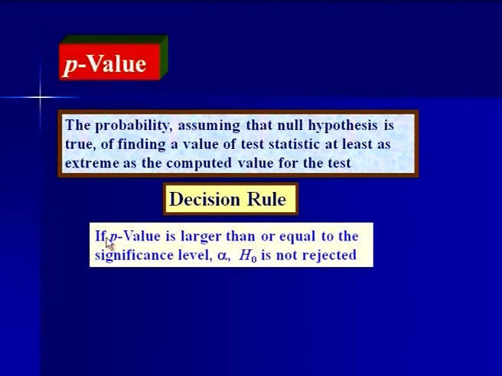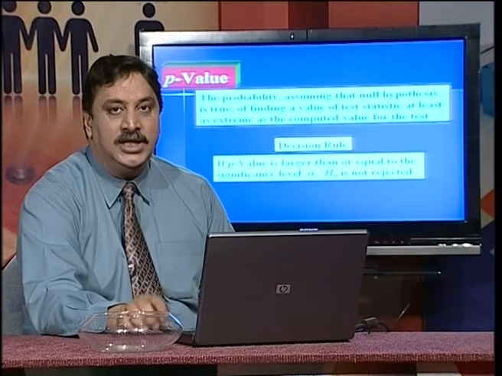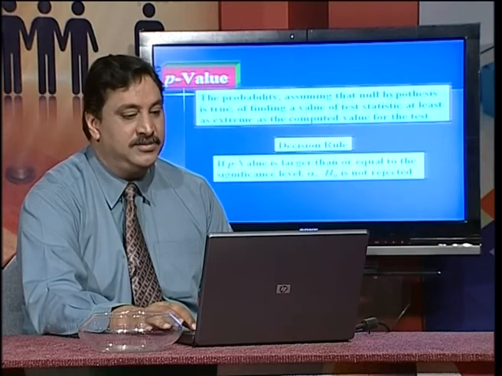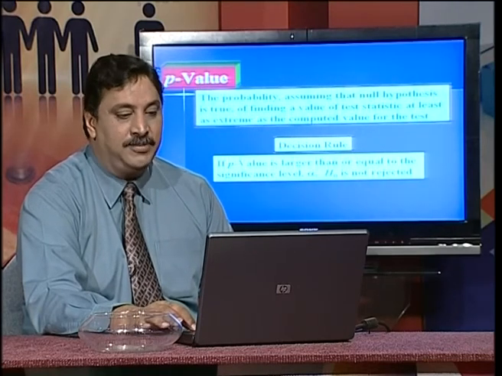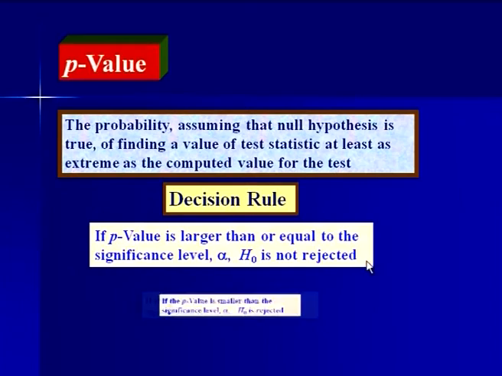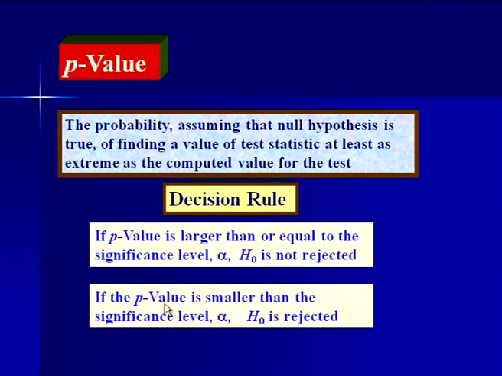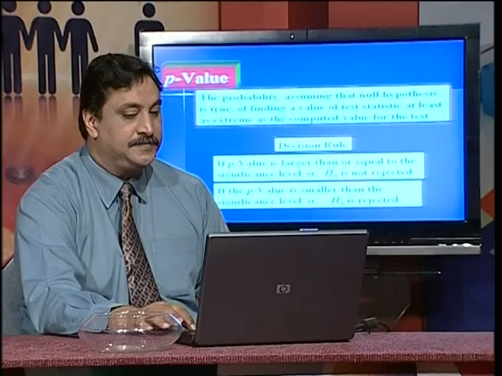The decision rule is: if the p-value is larger than or equal to the significance level alpha, we do not reject our null hypothesis. And if the p-value is smaller than the significance level alpha, we reject our null hypothesis.